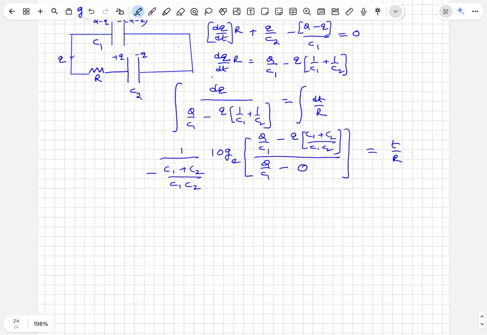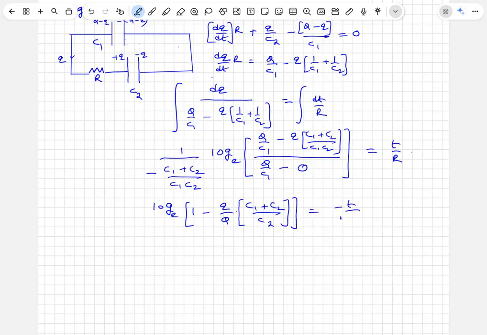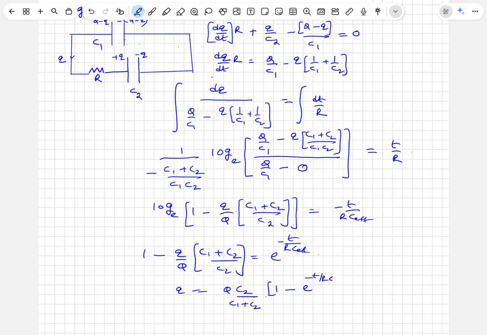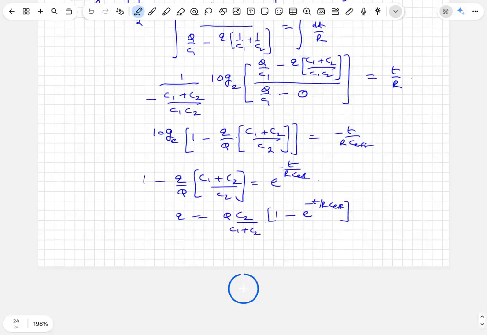This can be written as, because you can write C1 C2 by C1 plus C2 as C effective. That's Q.